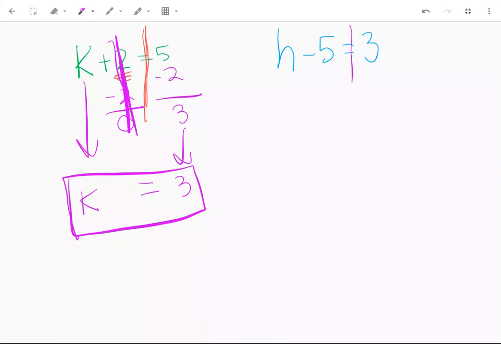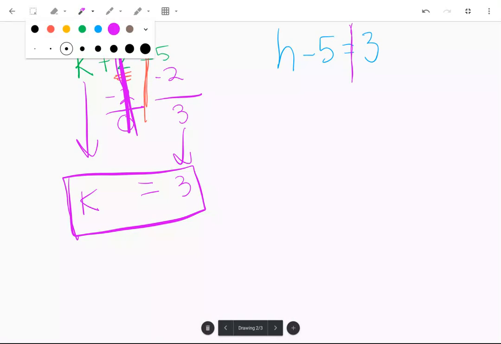I'm going to draw a line to symbolize that. We can clearly see we have h minus 5 on the left, and we have 3 on the right-hand side of the equation. Our goal again is to isolate the variable, get h all by itself. Well, in order to do that, we have to get rid of the minus 5.